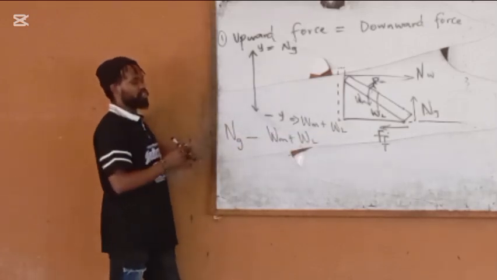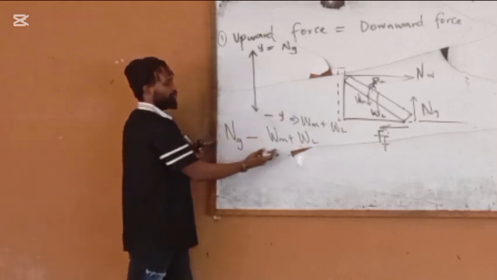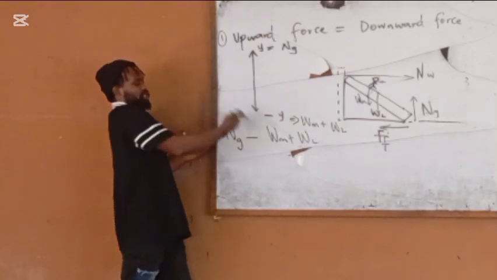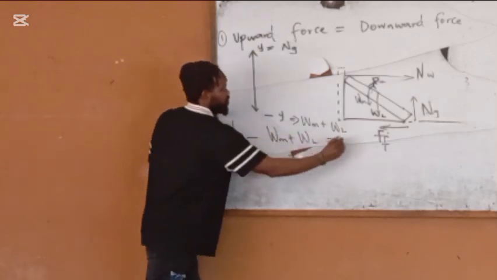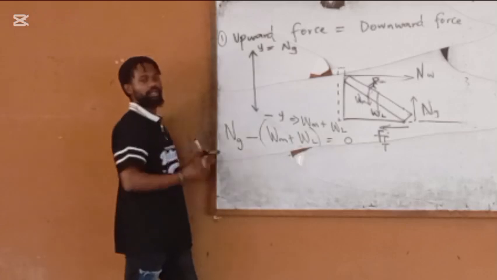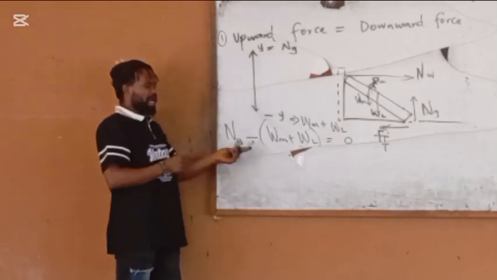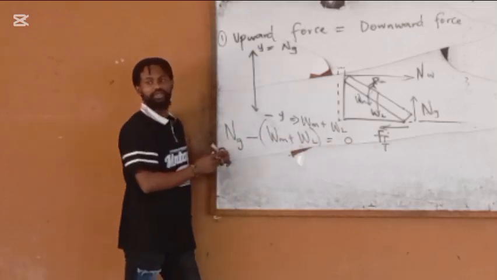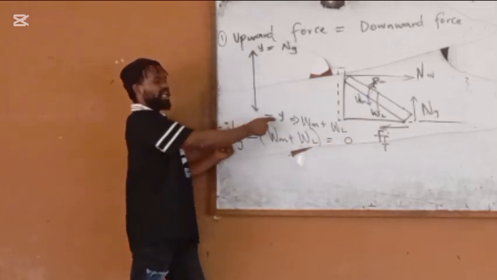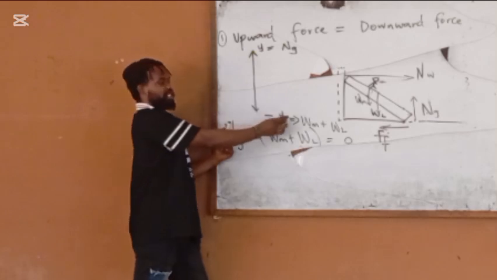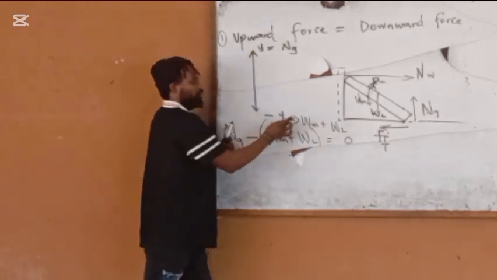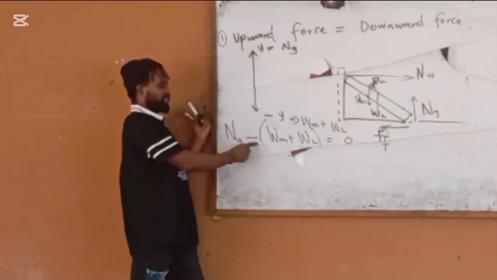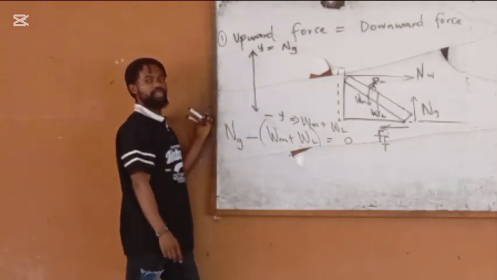And notice something. If I put this in a way that it is equal to 0, it simply means that what I have here should be this way. So the minus is actually for the two of them, because they are in the downward direction. Do you remember that y down here is minus? So everything here is y, then it's minus, so by the time I push it to the other side, this minus turns positive.